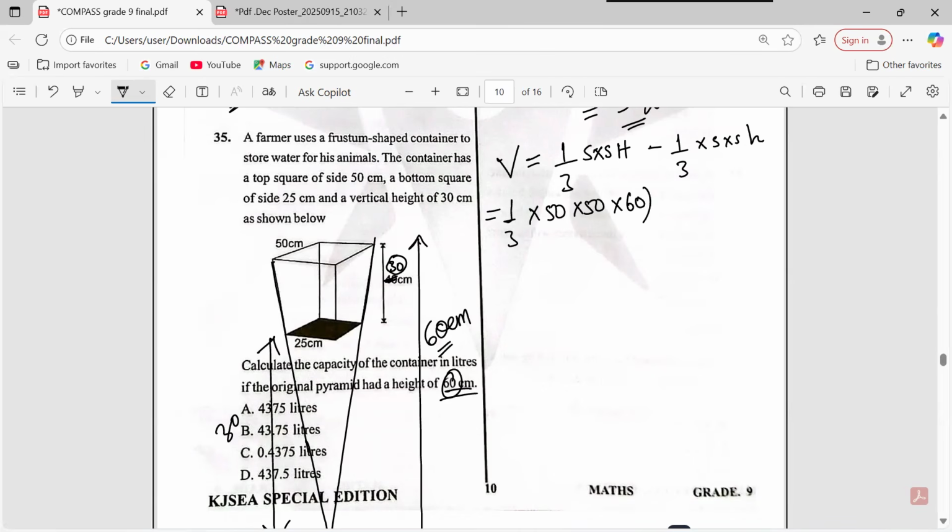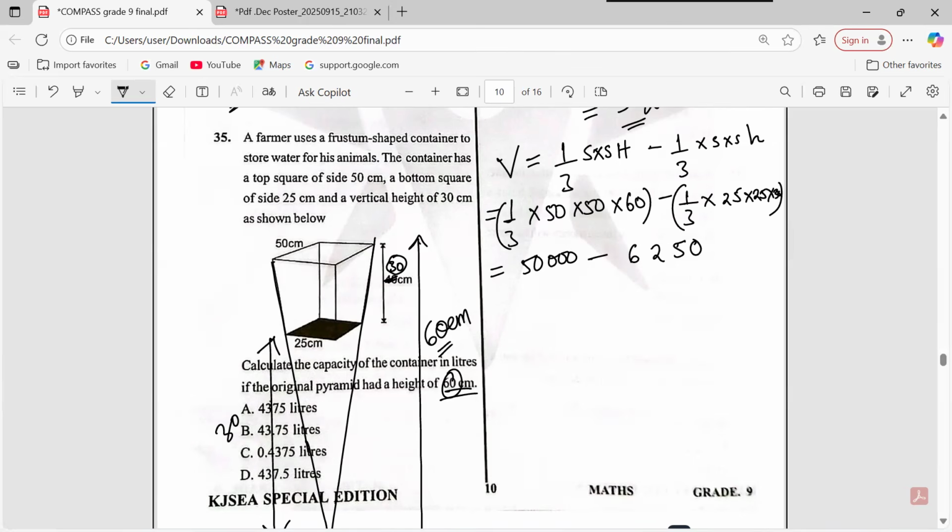The height is 60 originally, minus a third multiplied by side 25 for the smaller, 25, then times 30 for the one which was cut off. Sorry, I'm trying to manage the space at that point. Then now we multiply a third multiplied by 50, multiplied by 50, multiplied by 60. This gives us exactly 50,000 minus a third multiplied by 25, 25 by 30, 6250.